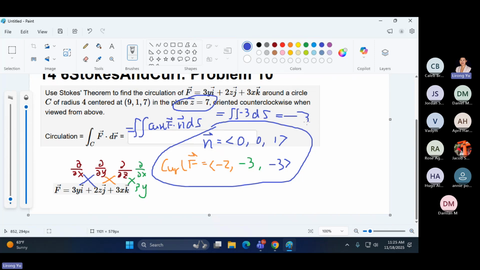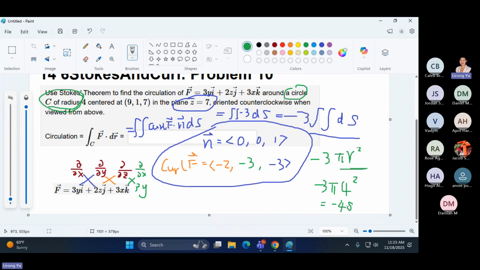Bring the -3 outside, and the double integration of ds is again area. This is the area of a circle of radius 4. So the area is -3 times pi r squared. With r equal to 4, it's -3 pi and then 4 squared. So that will be -48 pi.